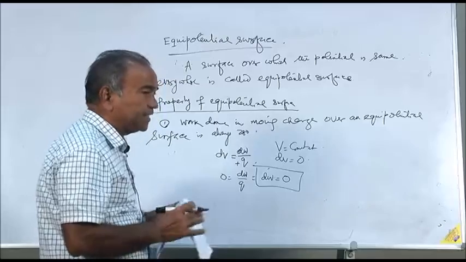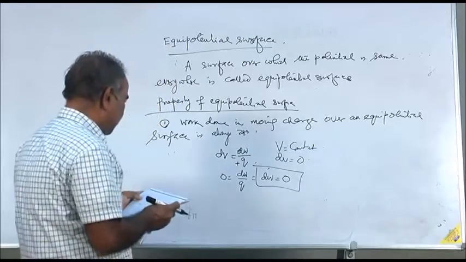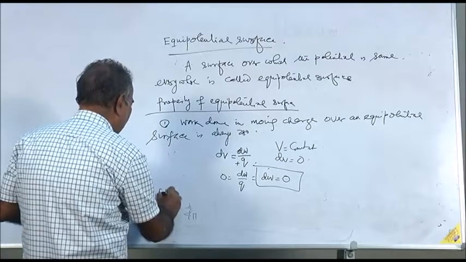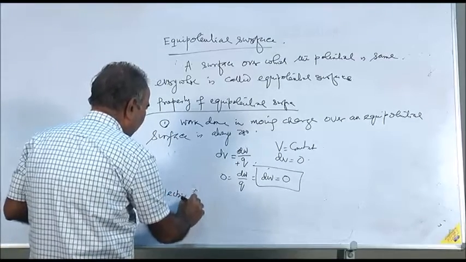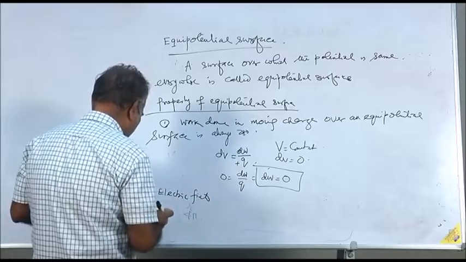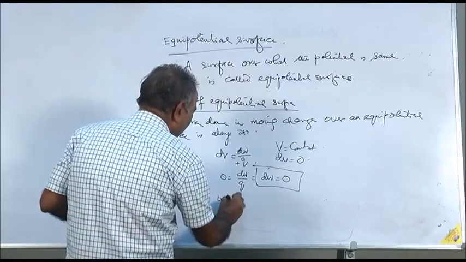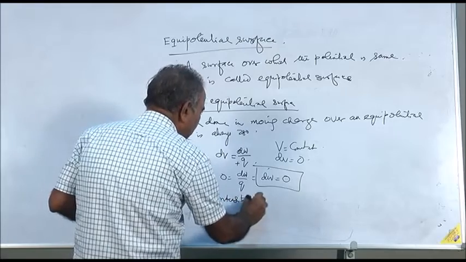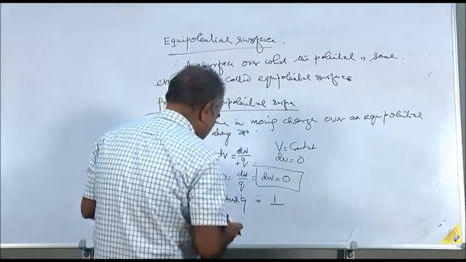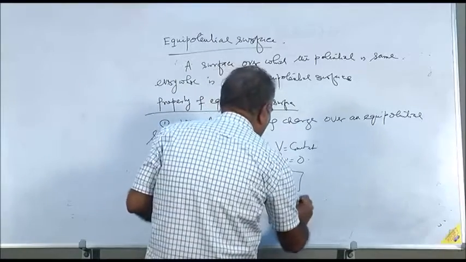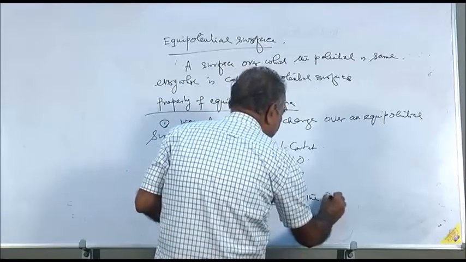And the second point is that the electric field intensity is perpendicular to the equipotential surface.